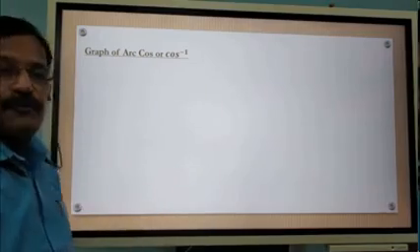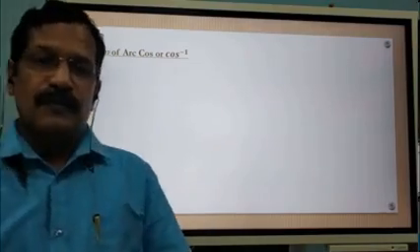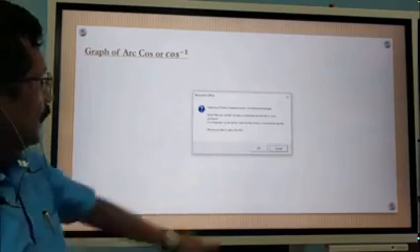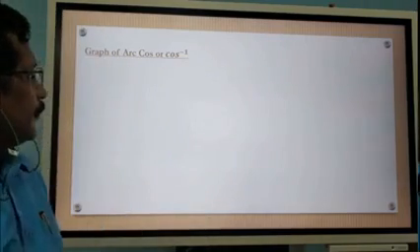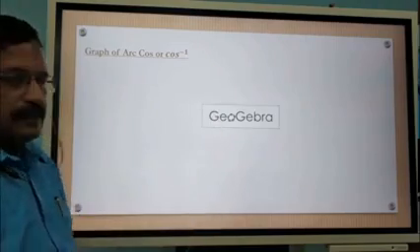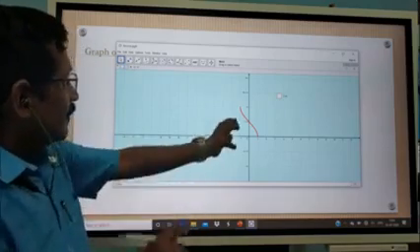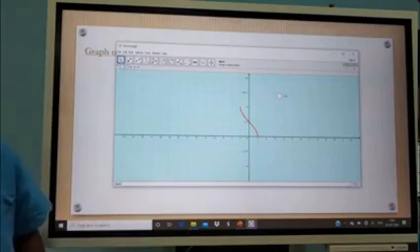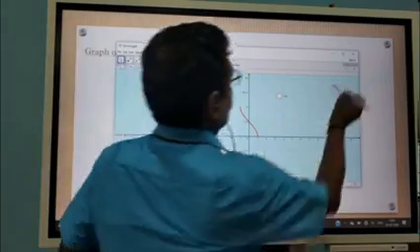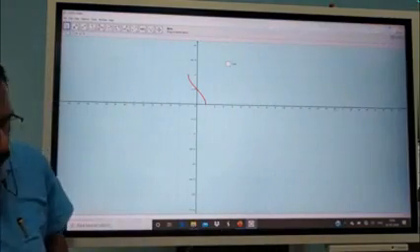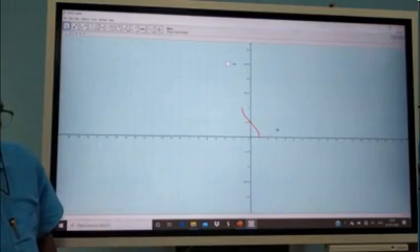Now what will be the graph of arc cos, or cos inverse? Arc cos means cos inverse.